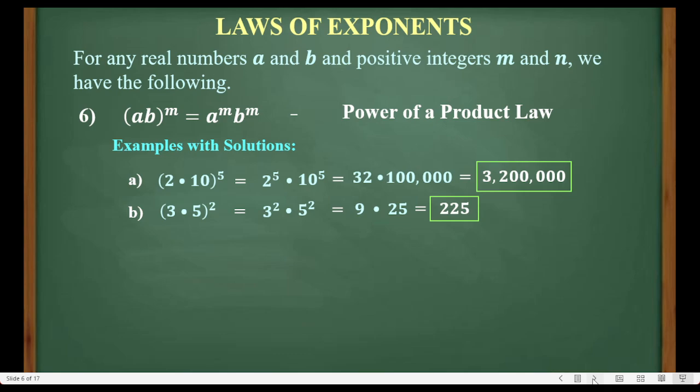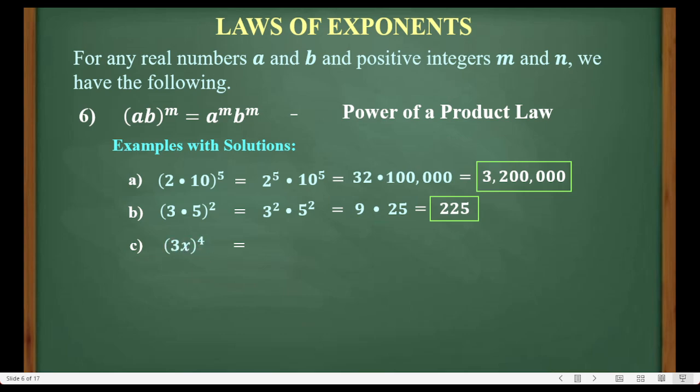Next, letter C. How about this one? Quantity 3x to the fourth. Again, to simplify this, using the power of the product law, meaning 4 here is to be multiplied to the exponent of each factor.